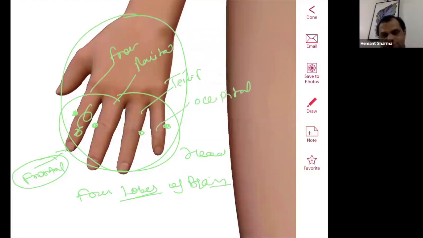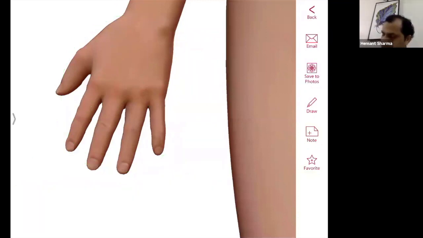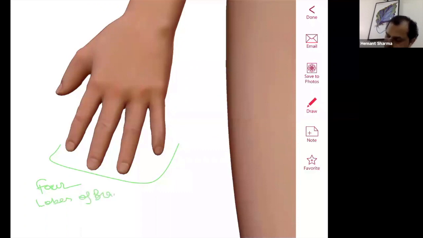This is the 4 lobe theory, meaning the 4 fingers represent the 4 lobes of the brain. And the thumb is the junction between right and left brain, or corpus callosum, which is the connectivity of the right and left brain. So this is concept number 1.